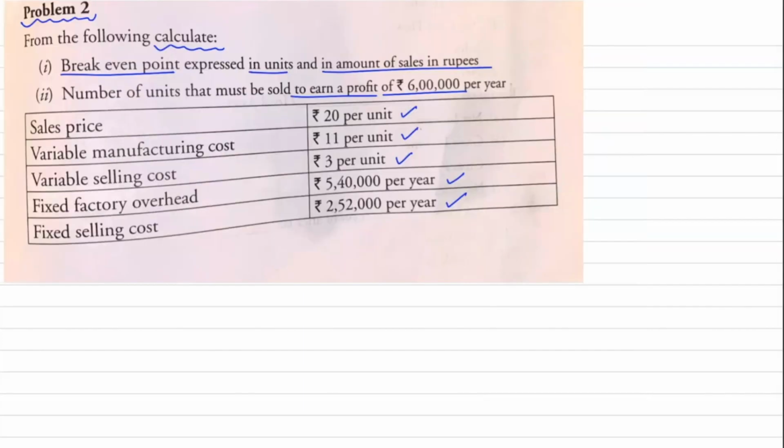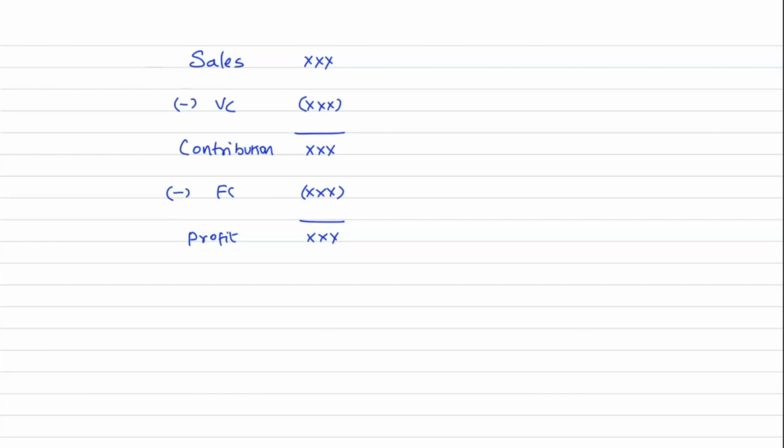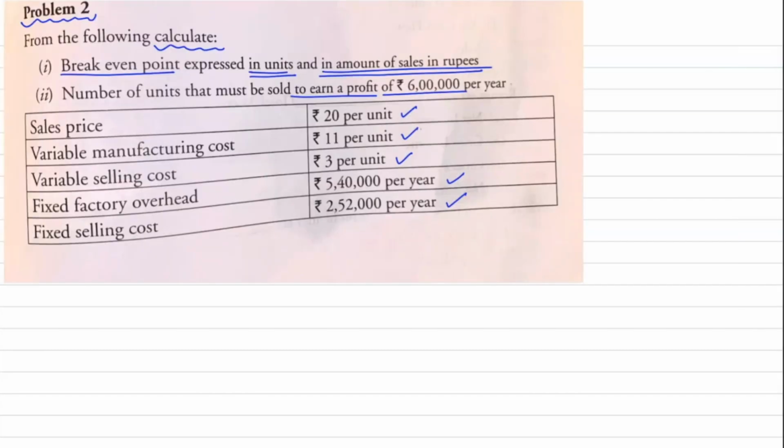And here, we have to find out the break-even point both in terms of units as well as in terms of amount. So here, when we attempt to find out the break-even sale, what will happen to the profit? It will be 0. Fixed cost will remain fixed. What is the existing fixed cost?